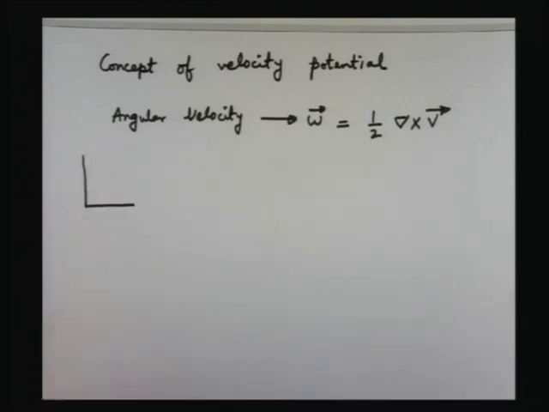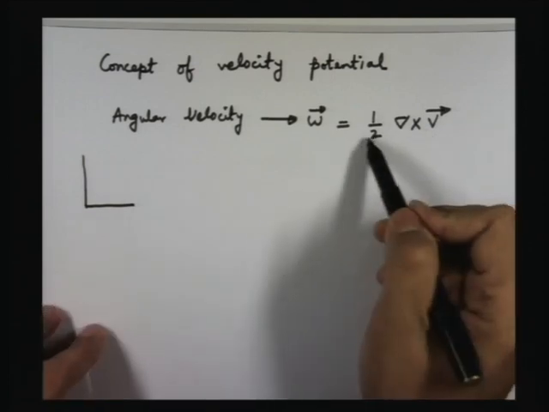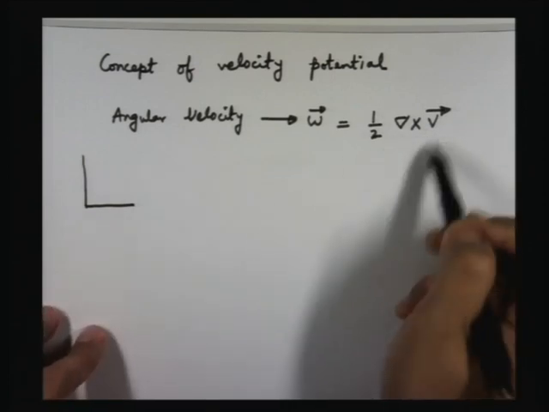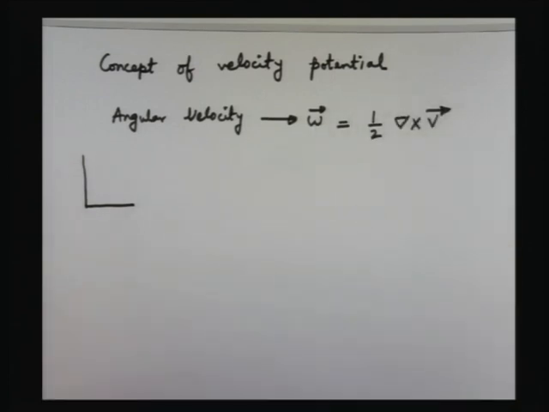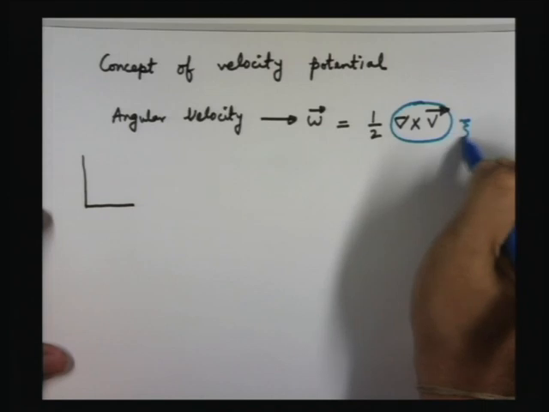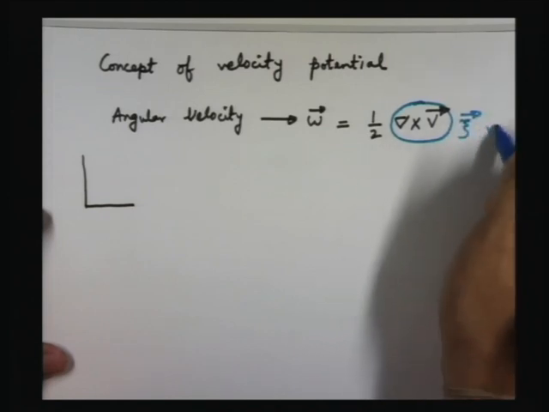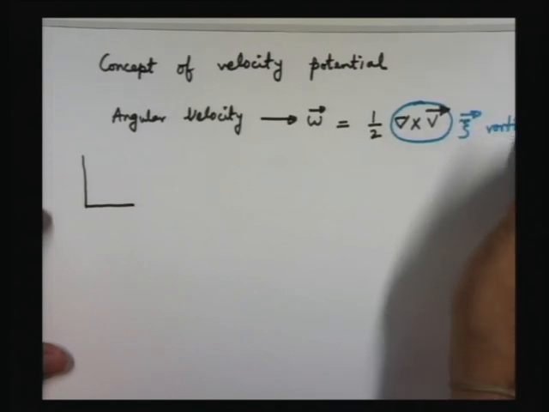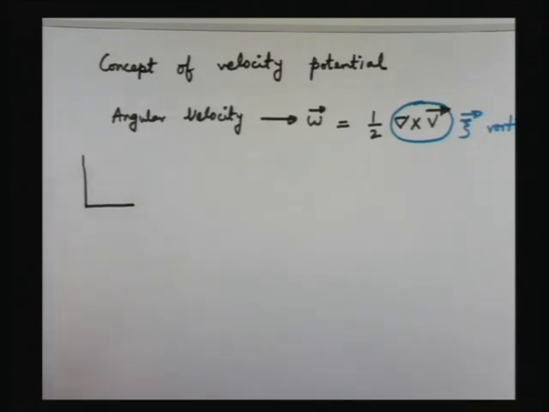Each rotation will have a component, and if you add all the components, this is the compact vector form it will look like. This is defined as the vorticity vector. So vorticity vector physically represents the rotationality in the flow.